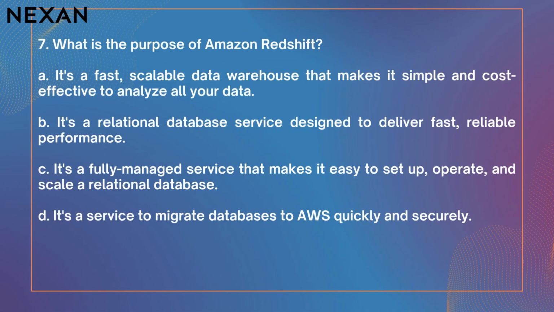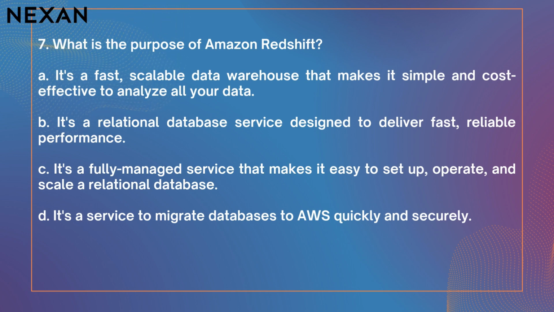7. What is the purpose of Amazon Redshift? A. It is a fast, scalable data warehouse that makes it simple and cost-effective to analyze all your data. B. It is a relational database service designed to deliver fast, reliable performance.